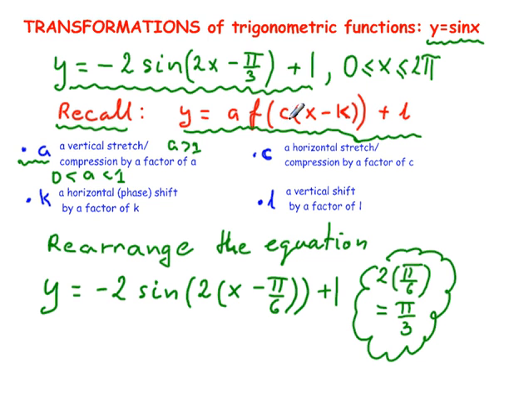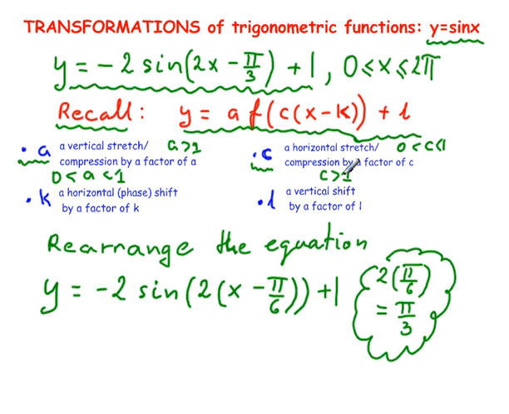The next one is coefficient C. This is a horizontal stretch or compression by a factor of C. Stretch occurs for the values that are between 0 and 1, and compression is defined when that coefficient C is greater than 1. Oops, let me change that. I wanted to say 1, hence it must be 1.